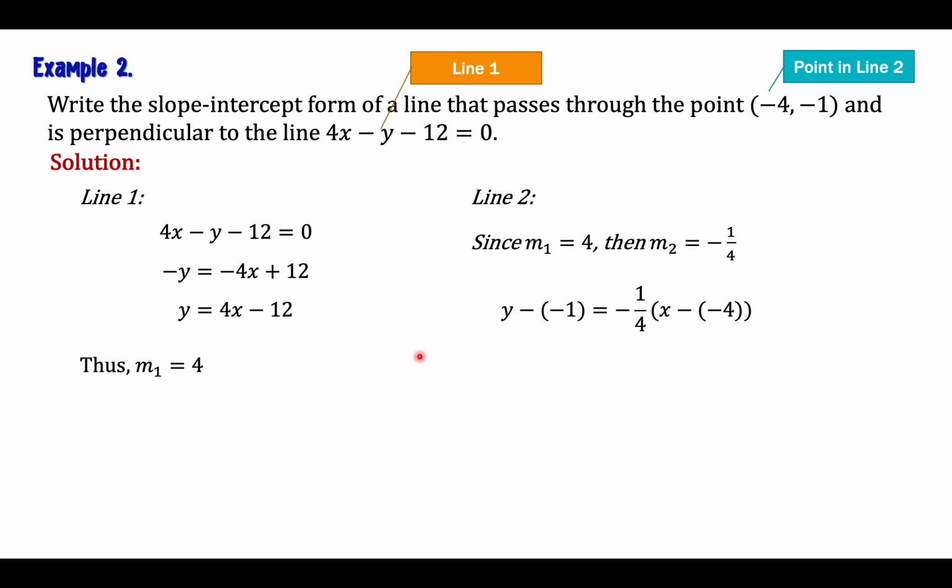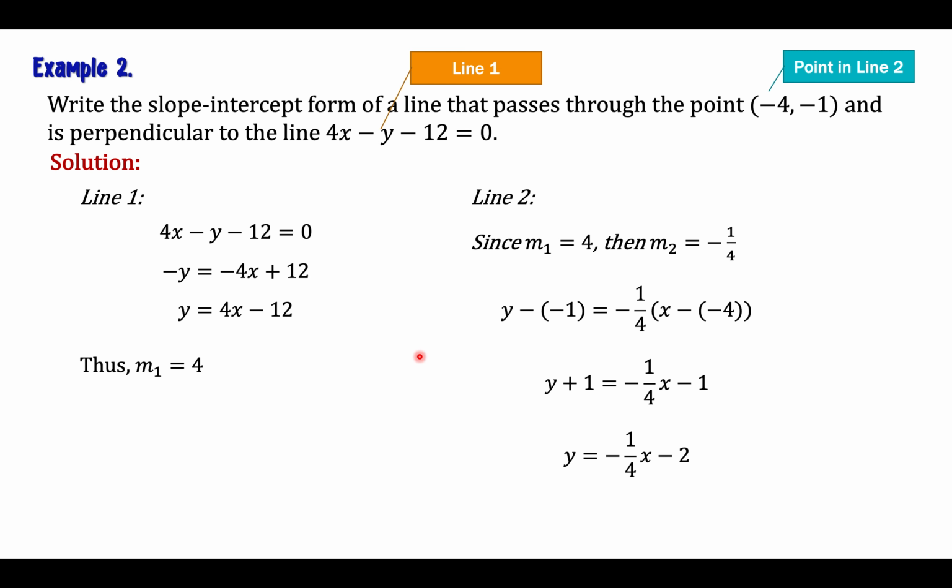And then by simplifying this, we'll have y plus 1 is equal to -1/4 multiplied to x plus 4. However, we can just simply also distribute -1/4 to both of the terms, and what we will get is -1/4 x minus 1. And what we want to have is your slope-intercept form.